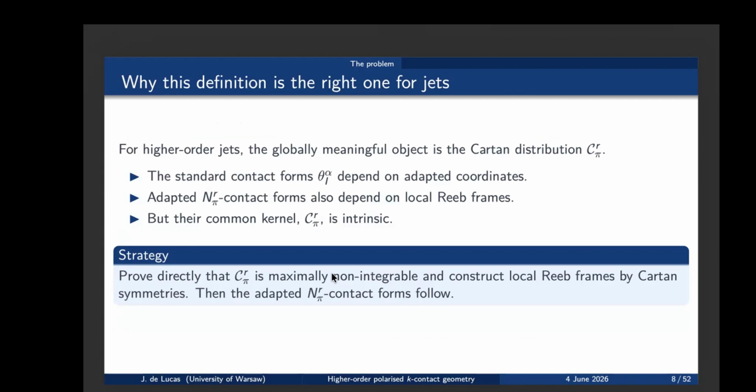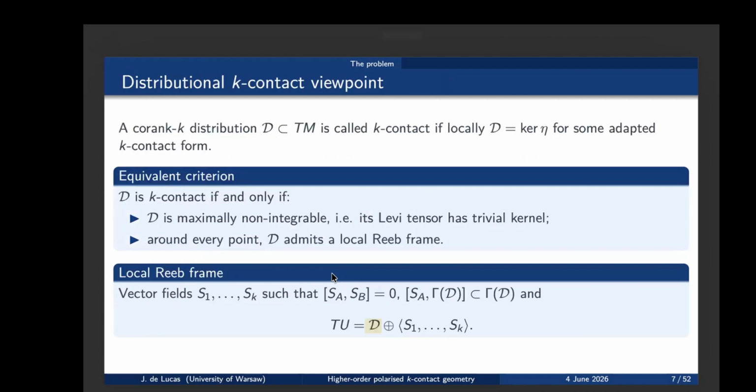One second. I was thinking that by the Frobenius theorem, you can instead just say that the Reeb frame is an integrable distribution. No, you cannot, because it destroys the fact that you leave the distribution invariant. But I was going to say an integrable distribution such that every section of the integrable distribution.